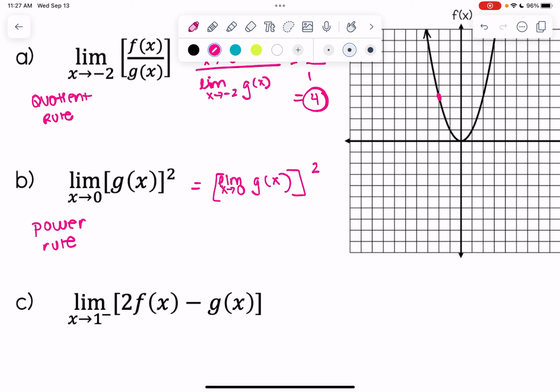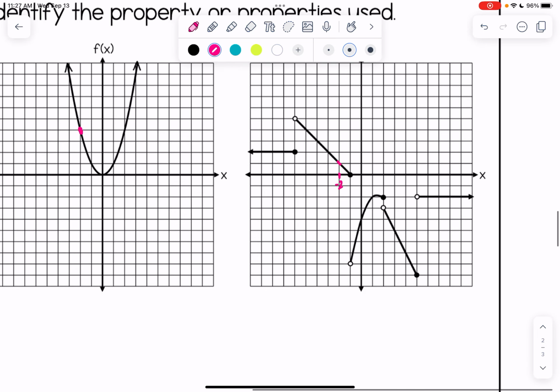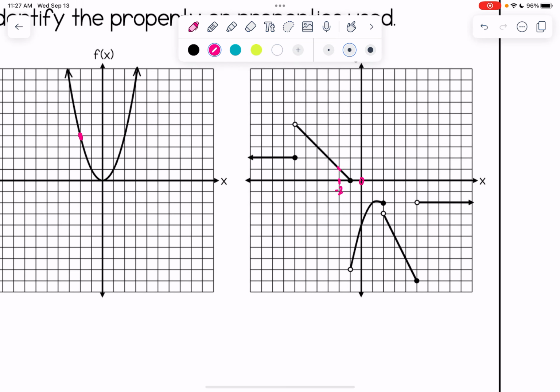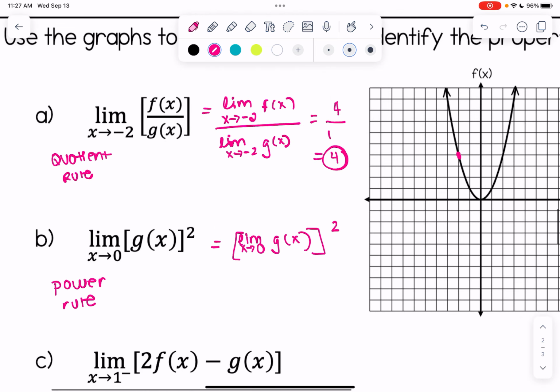So we're going to find the limit and then square it. So we're only looking at g of x here, and we're looking as x approaches 0. Okay, so here's 0. Notice our limit is -4. We're approaching -4 from the left and from the right. Therefore, that limit is -4. Okay, when I substitute in here, this is -4 squared, or we're going to get 16 as our answer for 2B.